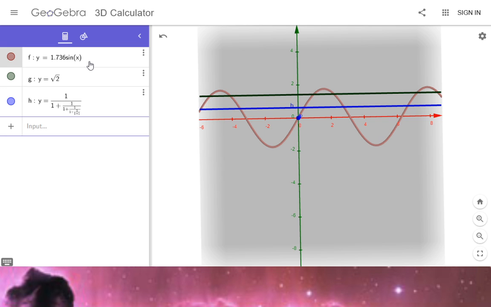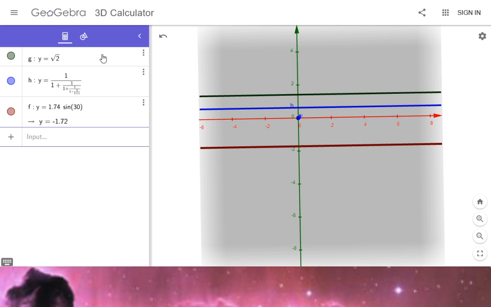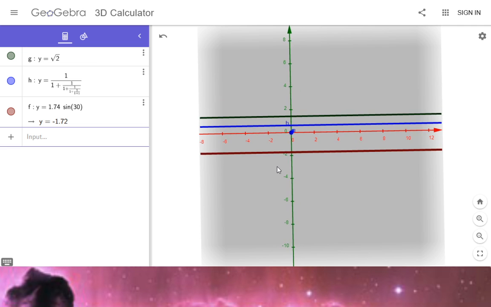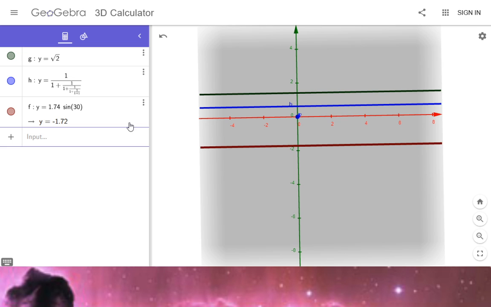Let's try the sine of 30. So the sine of 30 degrees is something like 0.5 or something.